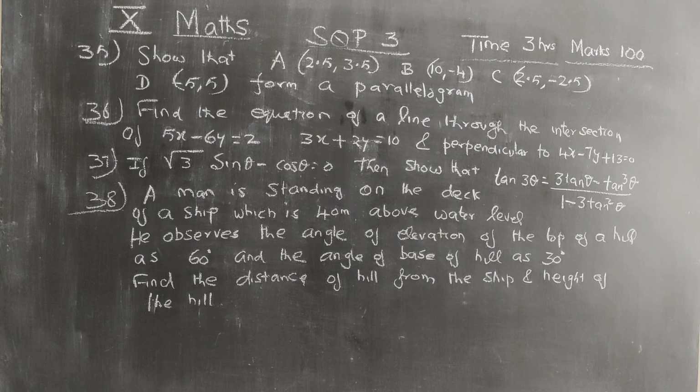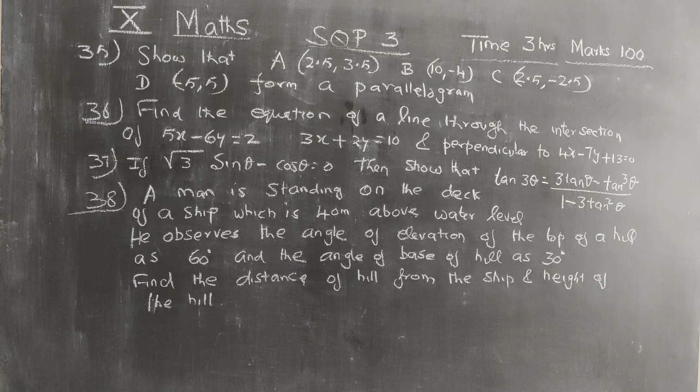Question number 37. If root 3 times of sin theta minus cos theta equal to 0, then show that tan 3 theta equal to 3 tan theta minus tan cube theta divided by 1 minus 3 tan square theta. Again trigonometry. Question number 38. A man is standing on the deck of a ship which is 40 meters above water level.